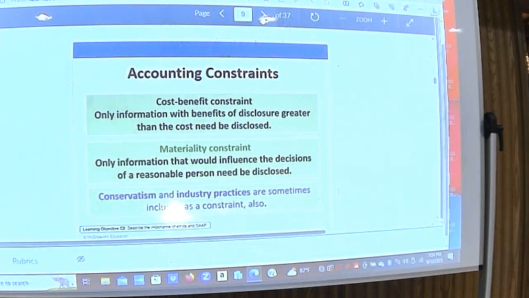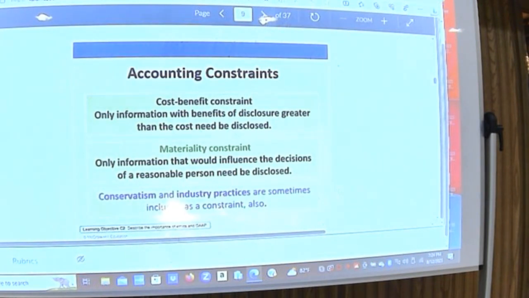Here are some constraints. When we record something, cost-benefit constraint. Only recorded when the benefits of disclosure, recording, are greater than the cost need be disclosed. Okay. And then materiality, only information that influences a decision of a reasonable person need be disclosed.